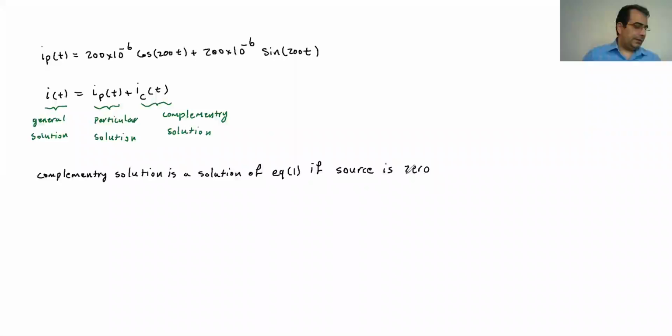In other words, if I put the complementary solution, which is going to be i_c(t), in equation 1, and 0 on the right hand side.